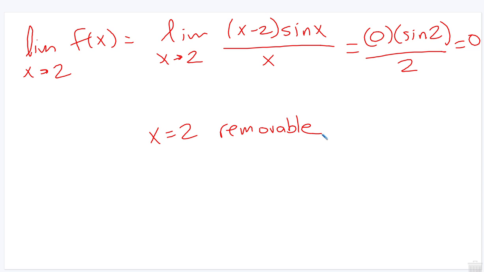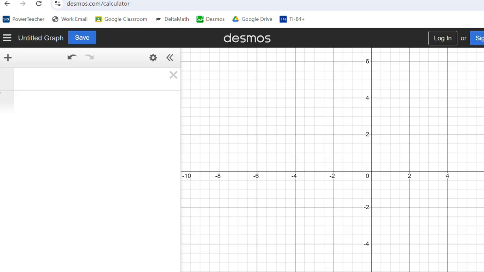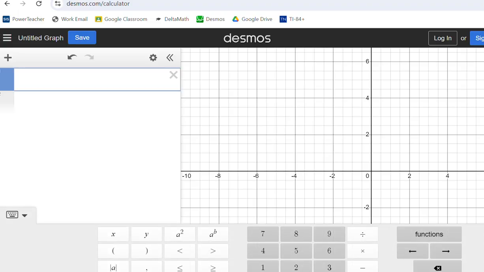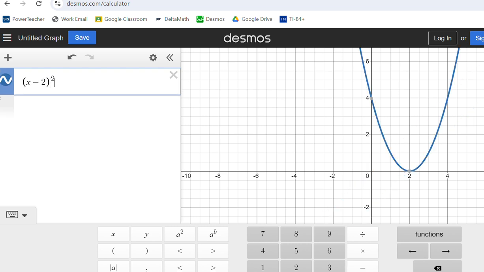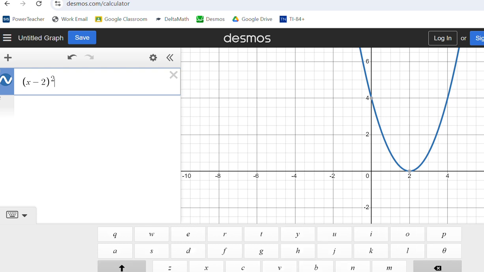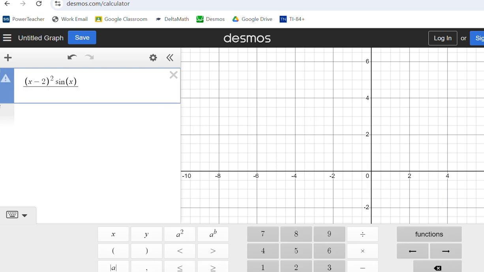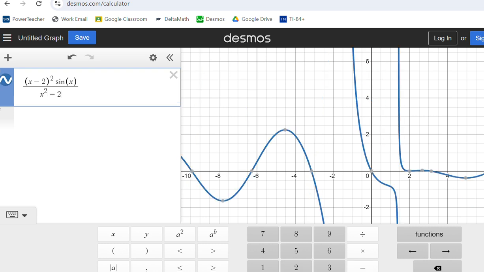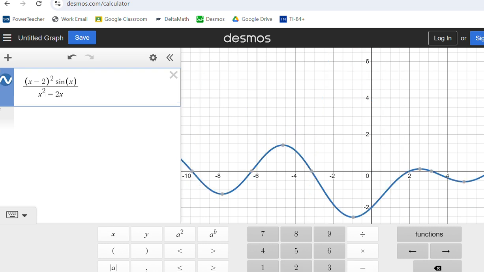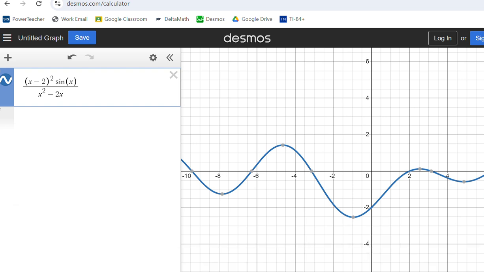So just real quick, let's take a look at what this might look like if we were to graph this in Desmos. So we've got x minus 2 squared times sine of x. And we're going to divide all of that by, I believe we had, x squared minus 2x. And so that's what this function looks like here.